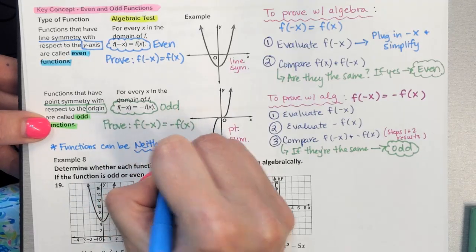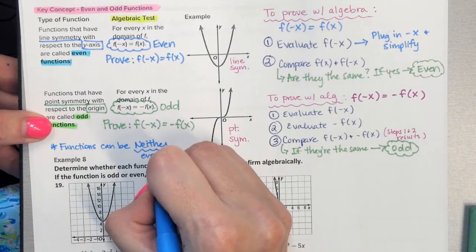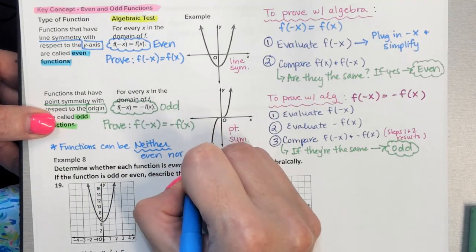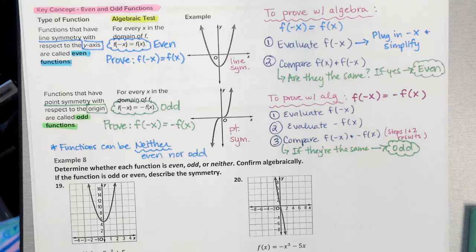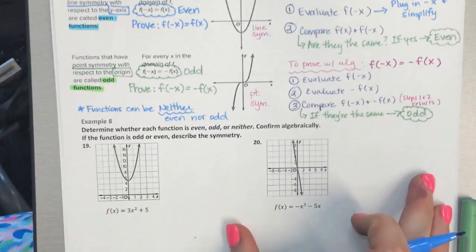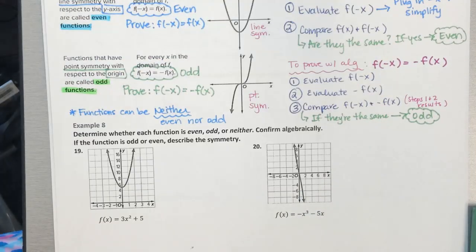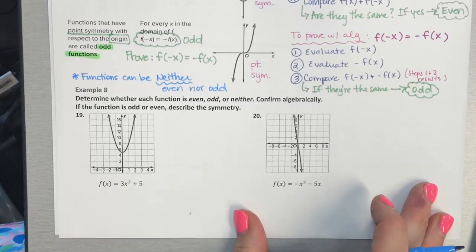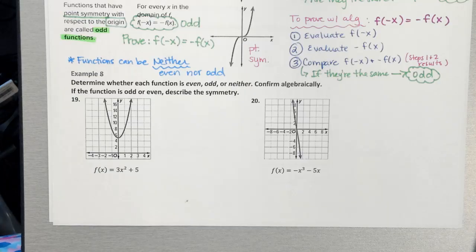Functions can be neither even nor odd. Okay, so that does happen sometimes. If you check both of these and your answer is no, that's when it's neither. So in some cases you have to do your 2 checks to see if it is neither.